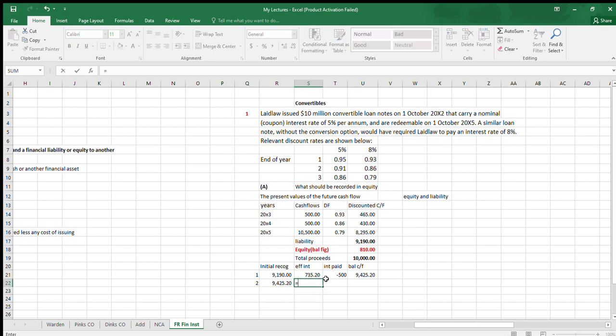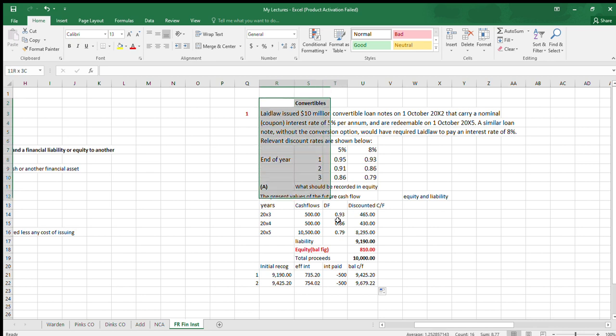Effective rate, the 8% multiplying this. You bring your 500. Then you do your calculations. That's all for the convertibles. Any convertible you will ever see on this planet is like this.